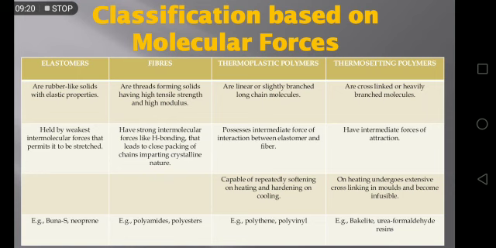Next is thermoplastic, and the last is thermosetting. I'm talking about them together because often in papers they ask you to differentiate between the two or compare the two. Thermoplastic polymers are linear or slightly branched long chain molecules, but thermosetting polymers are cross-linked or heavily branched ones.